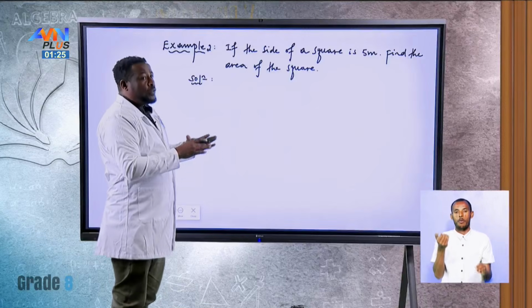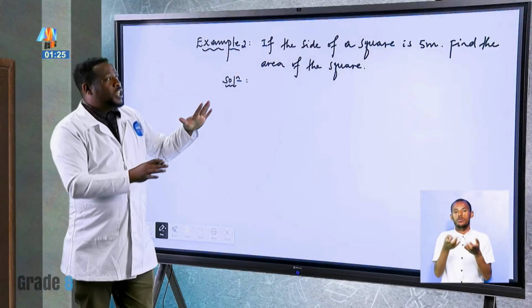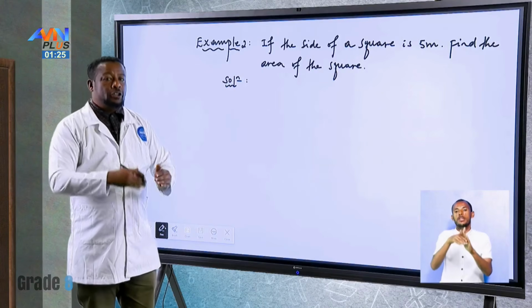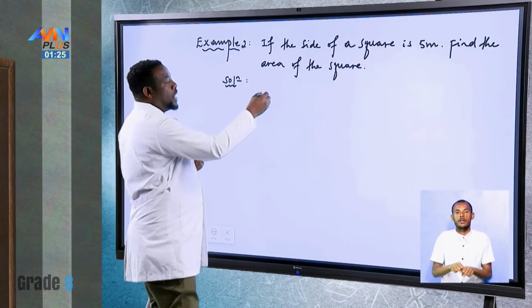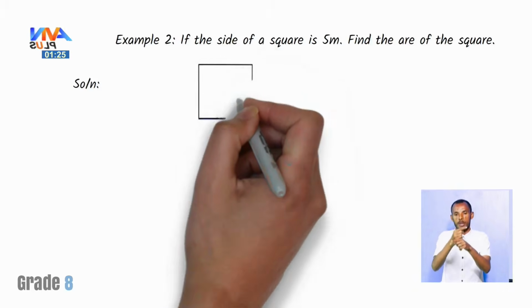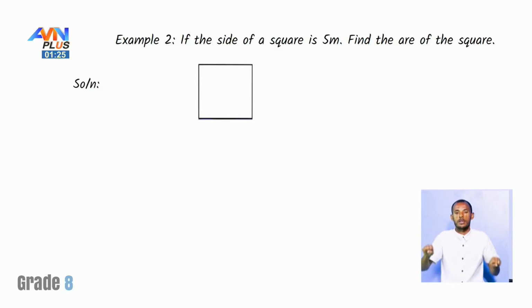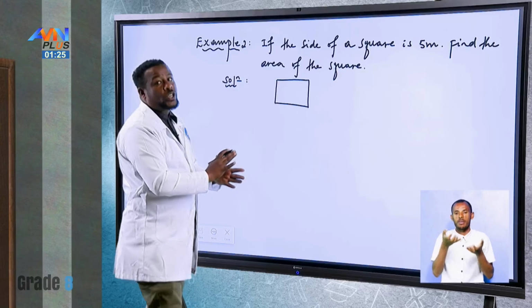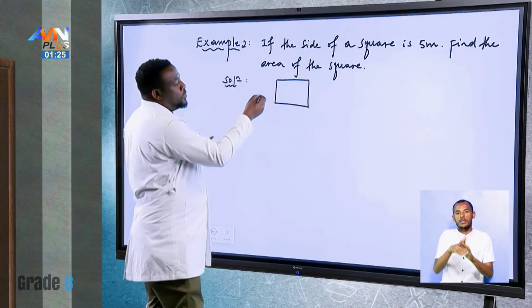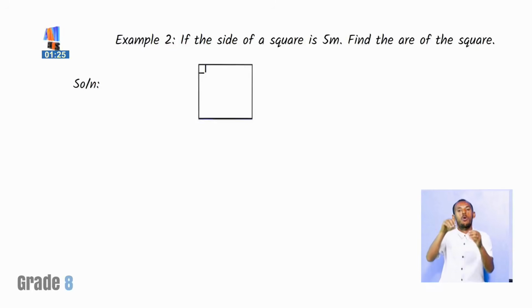If you want, you can roughly sketch the geometric representation of the square. It's not a must to sketch the geometric representation, but you can also put it like this.